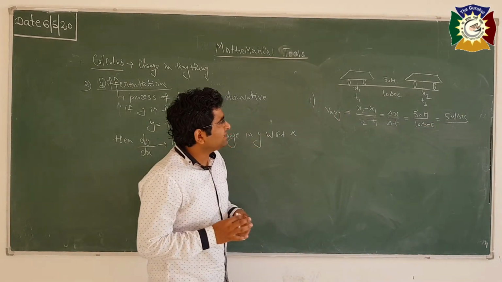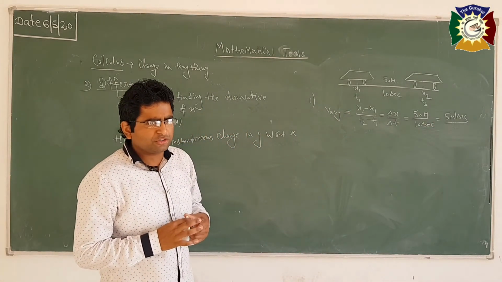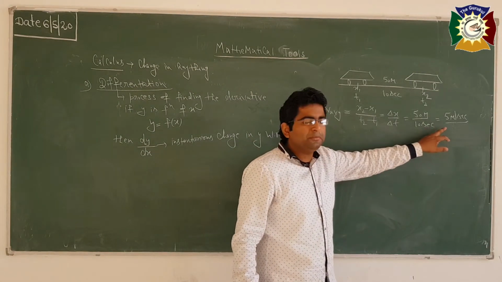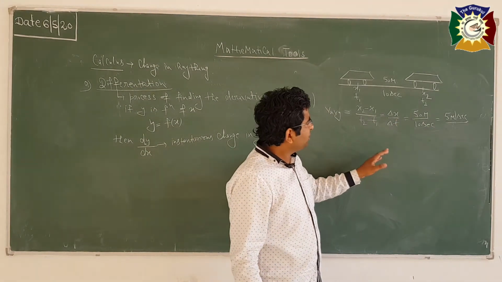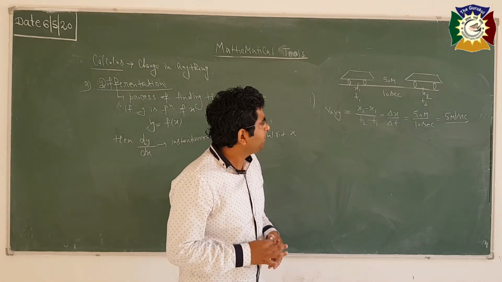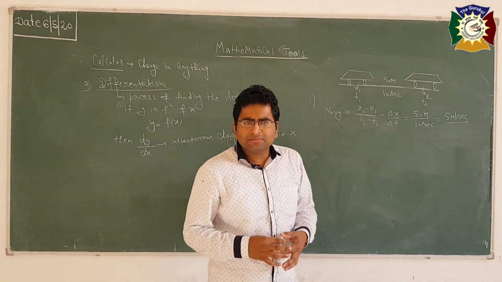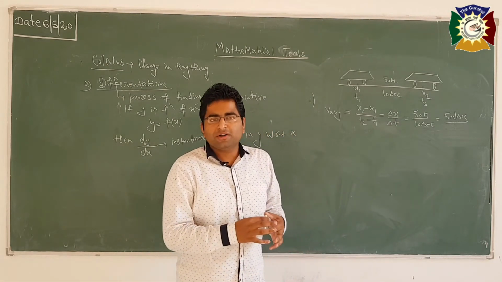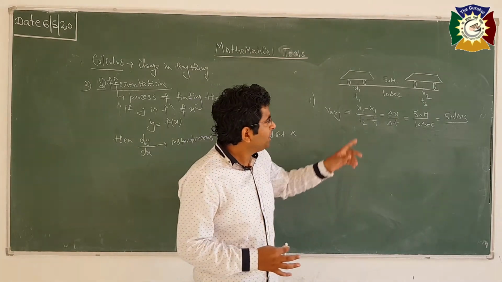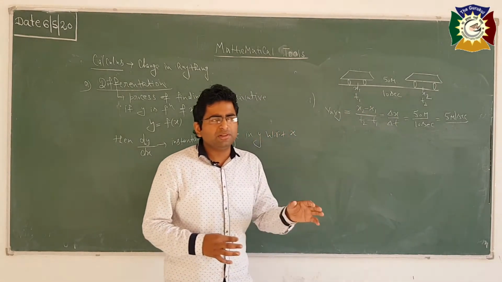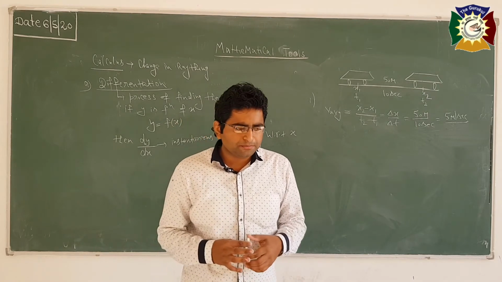If I ask what was your speed at the 5th second, you cannot say that it is 5 meters per second, because during the journey your speed can be 2 meters per second, 10 meters per second, 3 meters per second, depending on the traffic jams in between on the road.